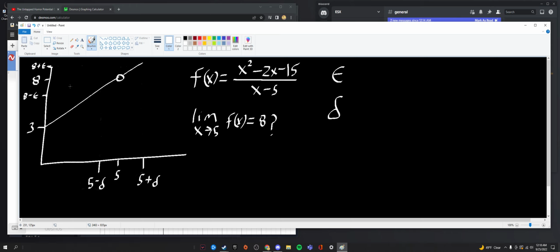Let's say that you give me some epsilon. And epsilon, as I said earlier, is just a range around your limit point.